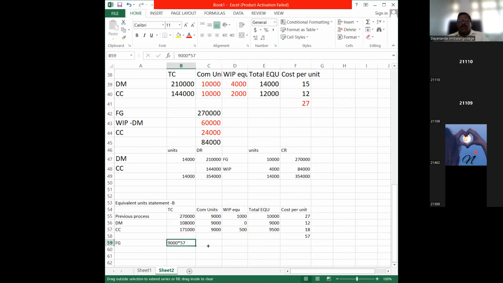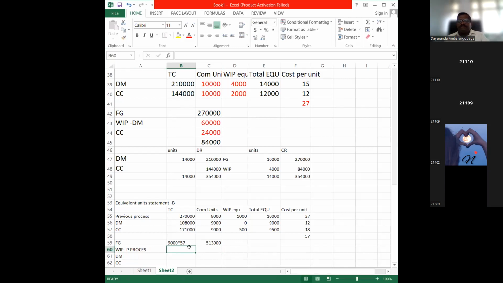You can do it the same way. What I do is 57 here, and the WIP closing value is 530. You can't calculate it straightforwardly. So you have the previous process, the direct material, and the conversion cost element, CC.